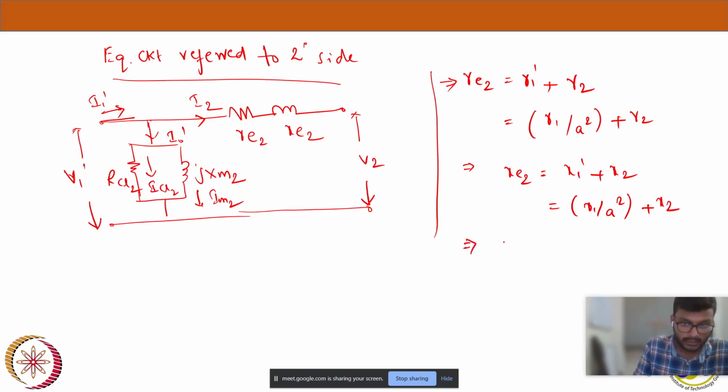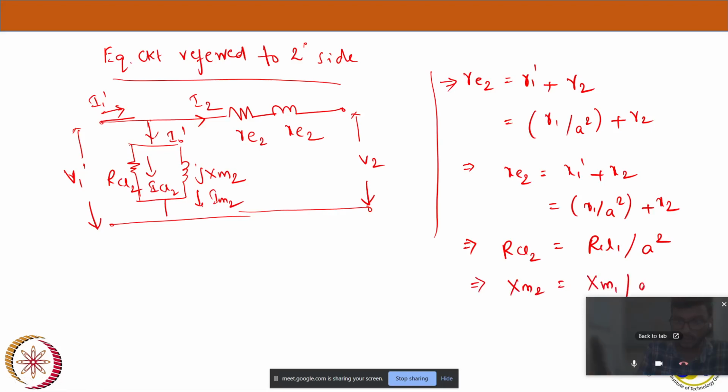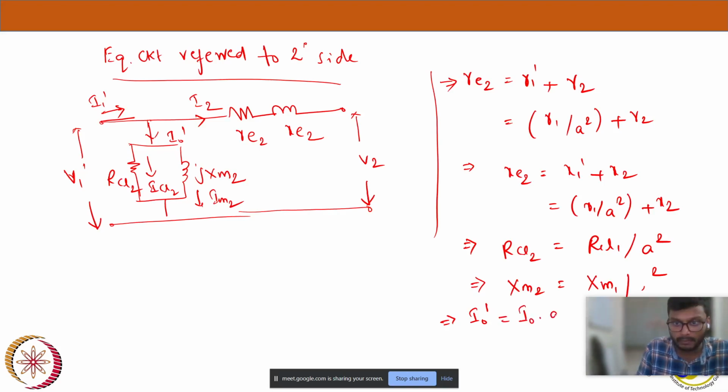And what else? We have the core loss component here, RCL2, that is nothing but RCL1 primary referred to the secondary. And XM2 is nothing but XM1 referred to the secondary. Here we also have the current I0 dash. I0 dash is I0 multiplied by the turns ratio, because that is again referred to the secondary side.